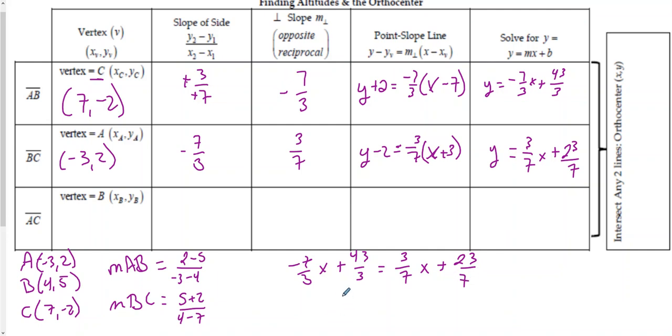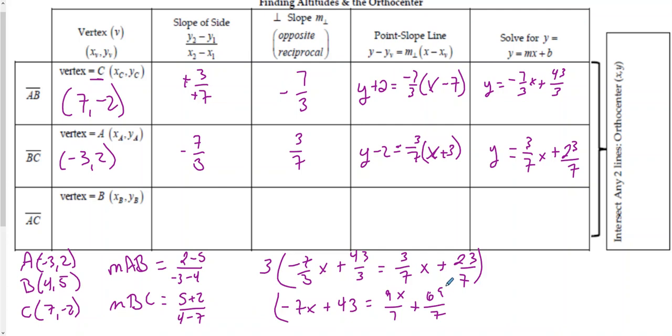What I like to do when I have fractions like this is multiply by my denominators to get rid of the fractions. So I'm going to multiply everything times 3. I get negative 7x plus 43 equals 9x over 7 plus 69 over 7.